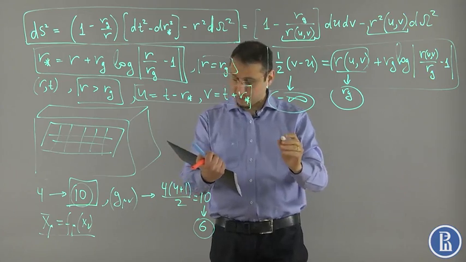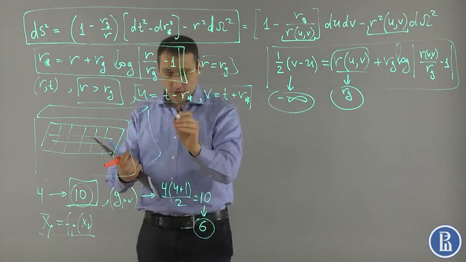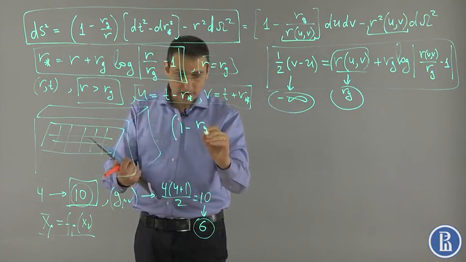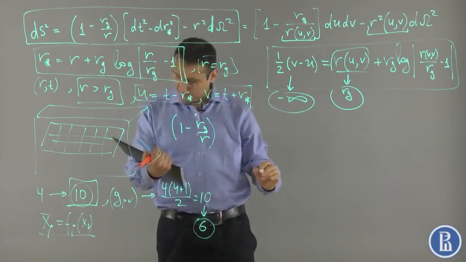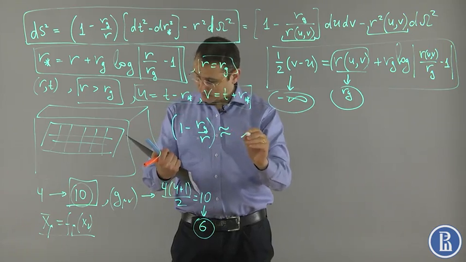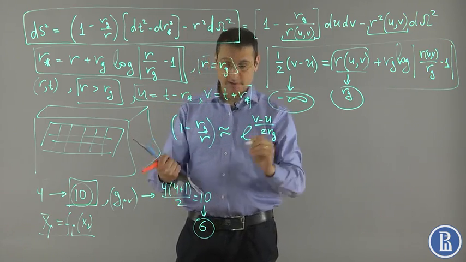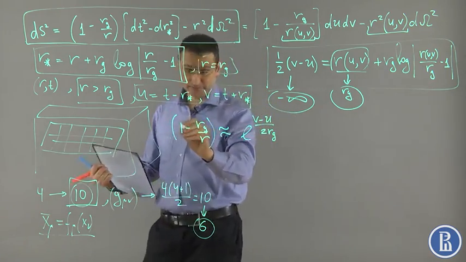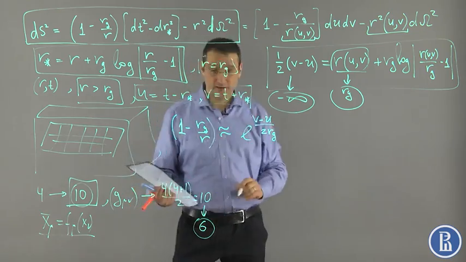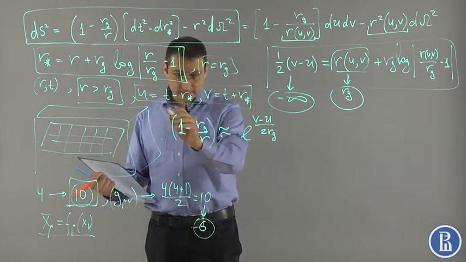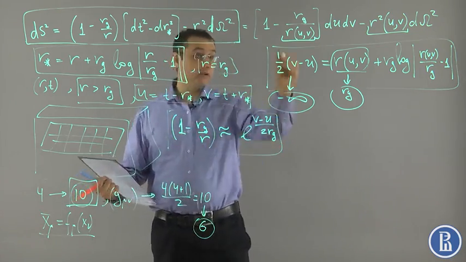So approximately we can drop this term off and keep only this. In this approximation, we can write that 1 minus rg divided by r is approximately equal to v minus u divided by 2rg. So this is the approximation. And now we can use this here.